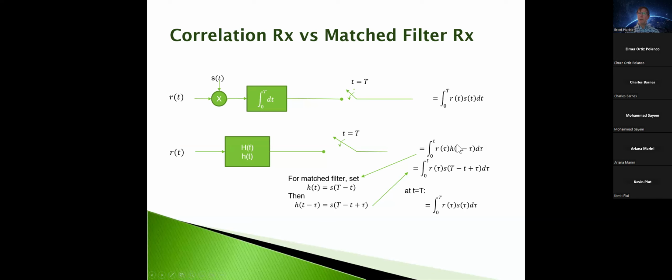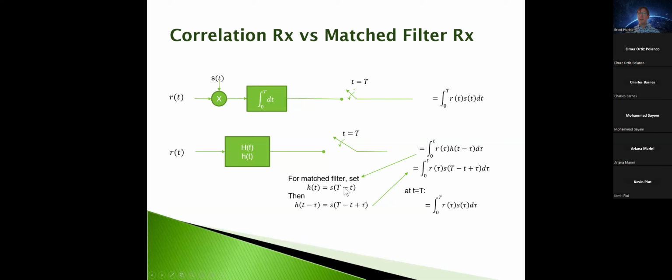Now we can look up here and see that we actually need h(t minus tau), not h(t). So let's substitute this argument, t minus tau, every place we see t, right? So where we see t, we're going to replace it with t minus tau. So we'll have t minus tau there.